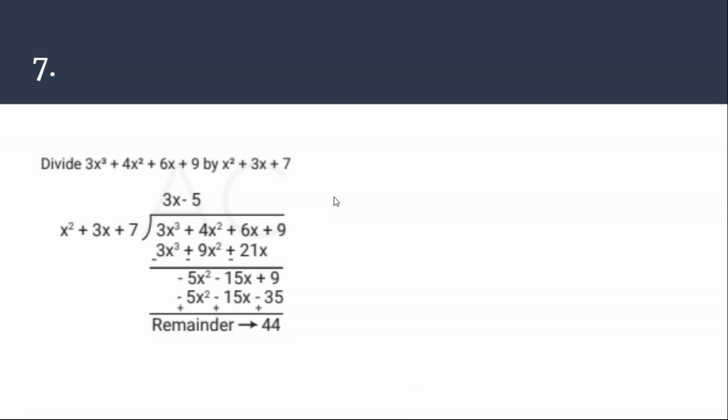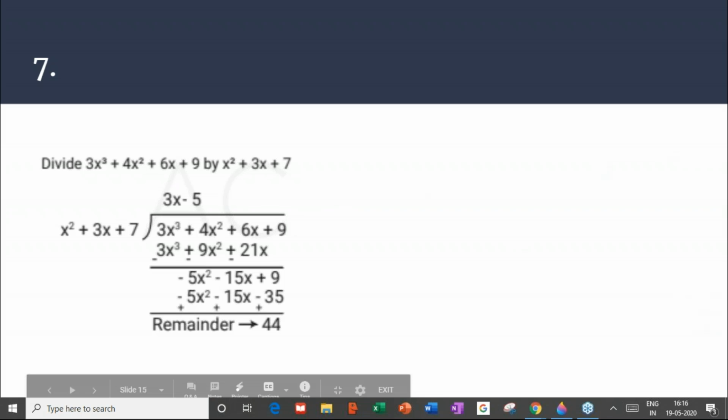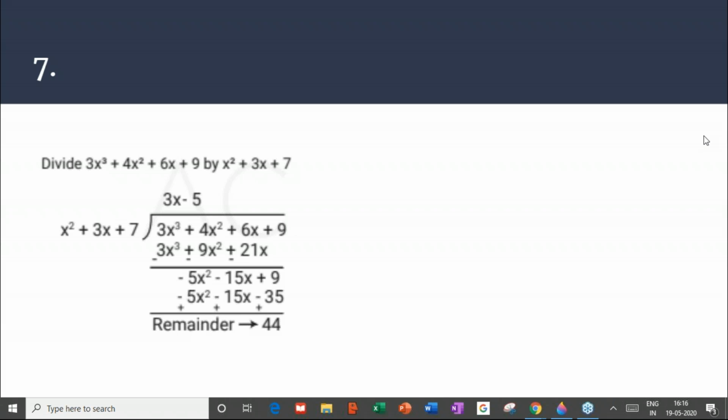There you go. So divide 3x cube plus 4x square plus 6x plus 9 by x square plus 3x plus 7. I think it is self-explanatory almost. Any particular problem in any step? Then let me know.